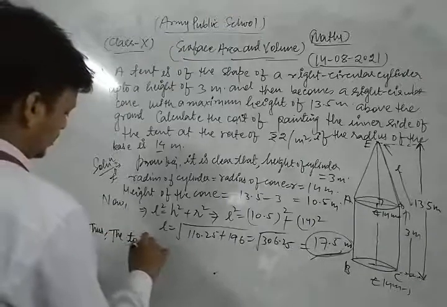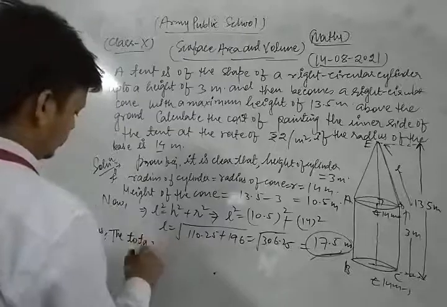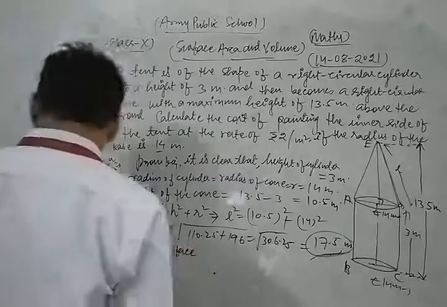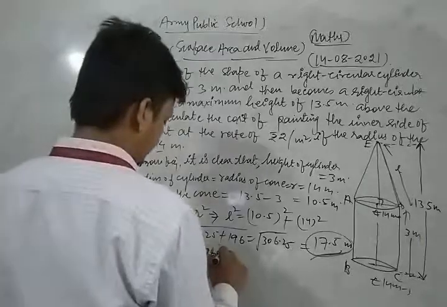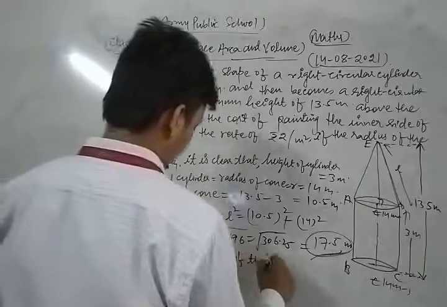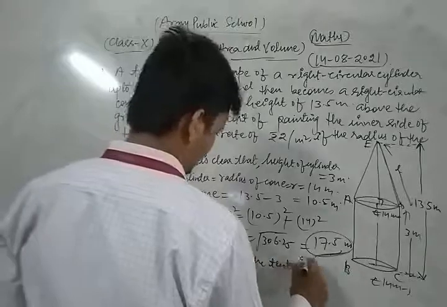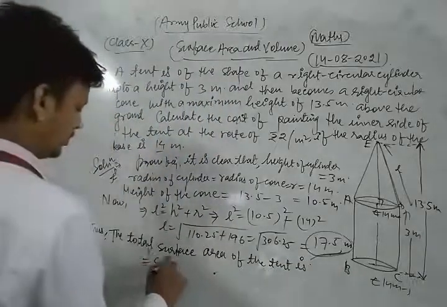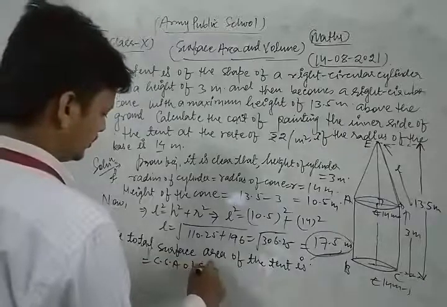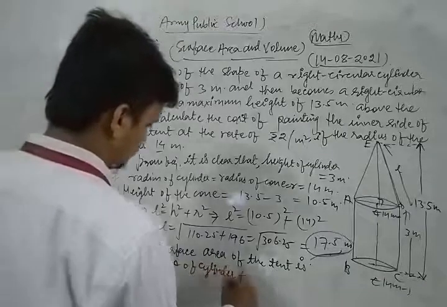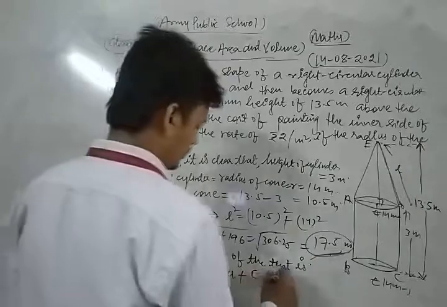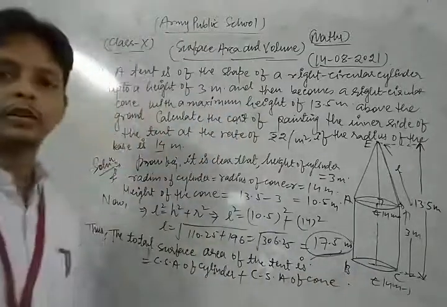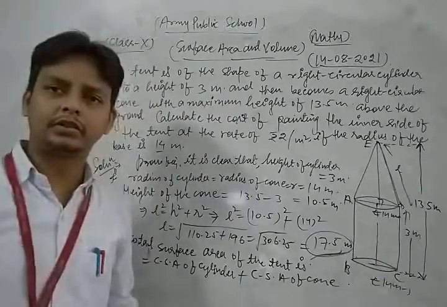The total surface area of the tent is the curved surface area of the cylinder plus the curved surface area of the cone.